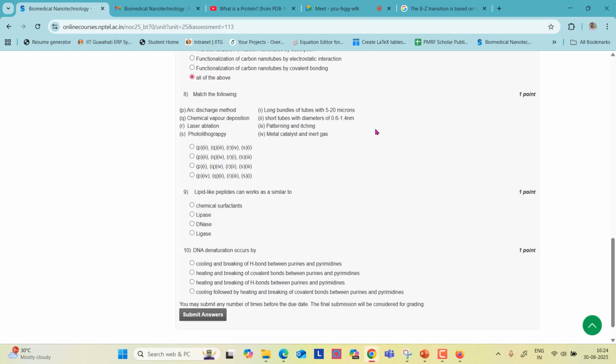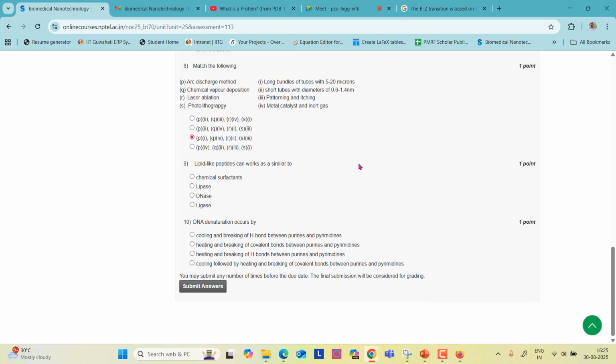Arc discharge method uses long bundles of tubes with 5 to 20 microns. Okay, so P will be 1. Next, chemical vapor deposition uses metal catalyst and inert gas, right? So Q is 4. And laser ablation uses short tubes with diameter in nanometer range, so it will be option 3.